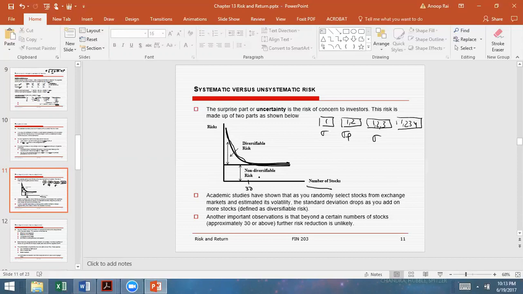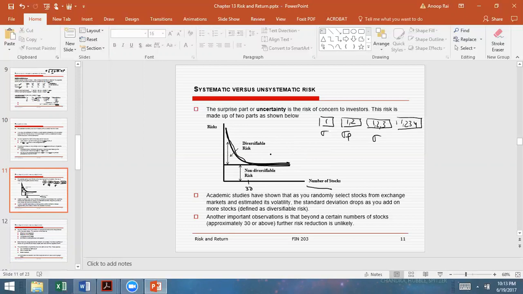So that gives us an ability to break risk down into two components. One is called the diversifiable risk, and one is called the non-diversifiable risk.